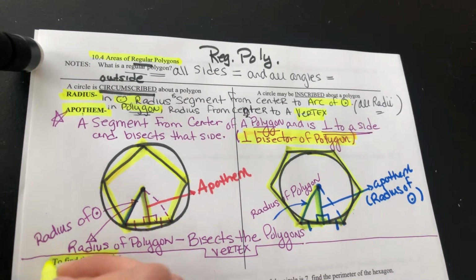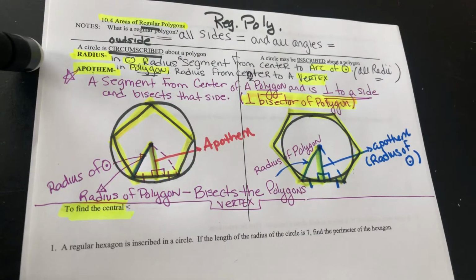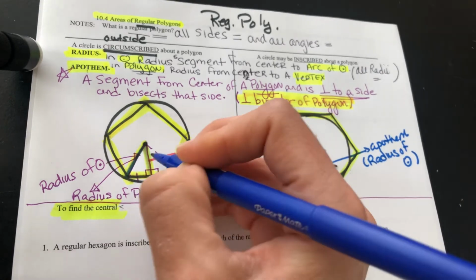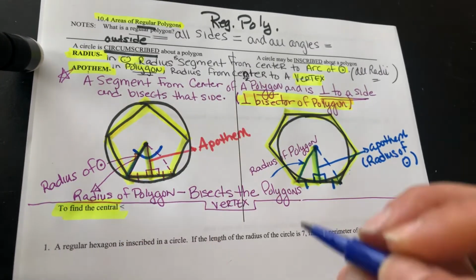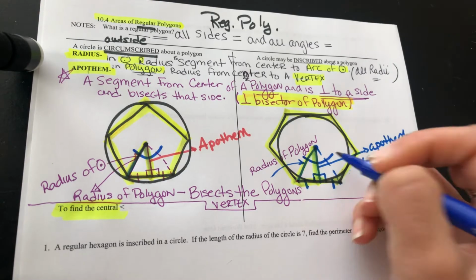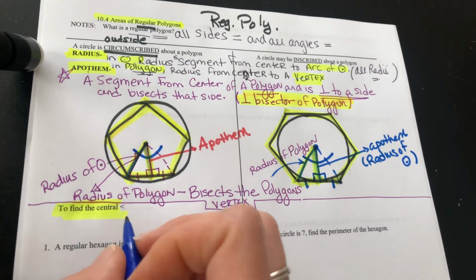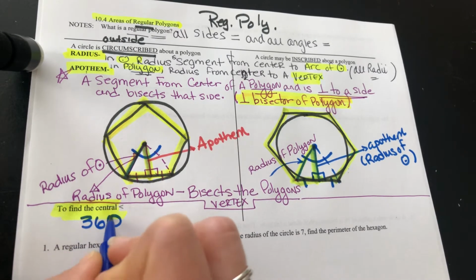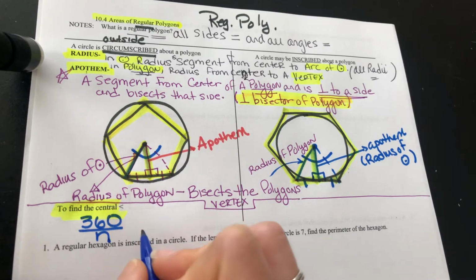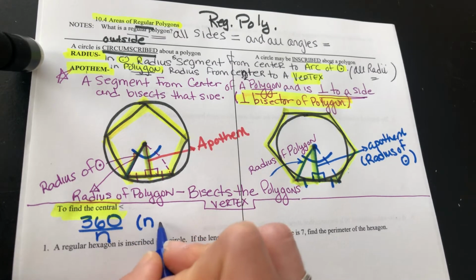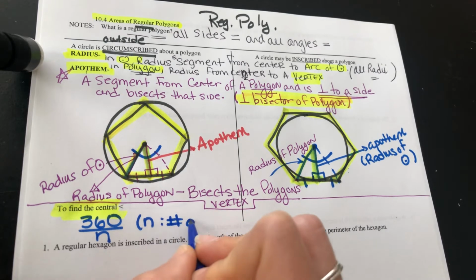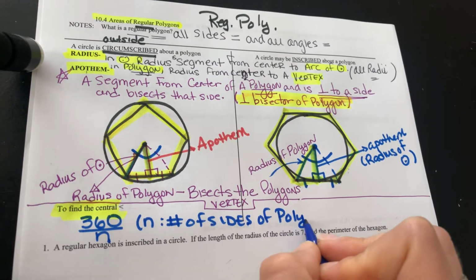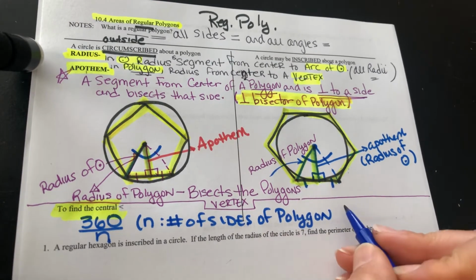Now, what we have to do is find that central angle. The central angle is made up of two radii. To find the central angle, you take 360 and divide it by n, where n is the number of sides of your polygon.